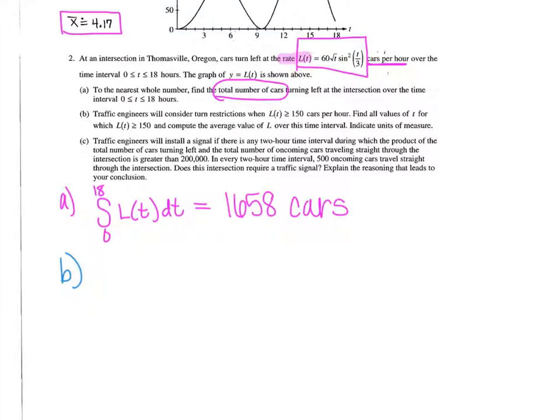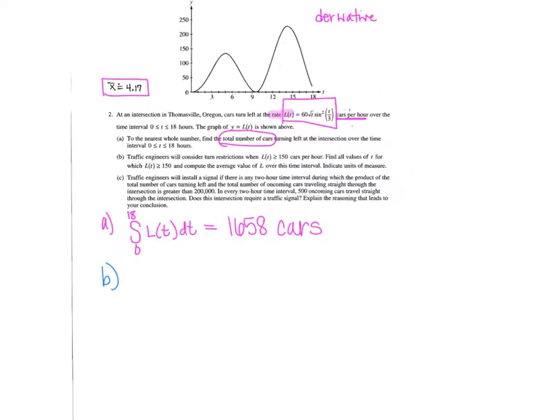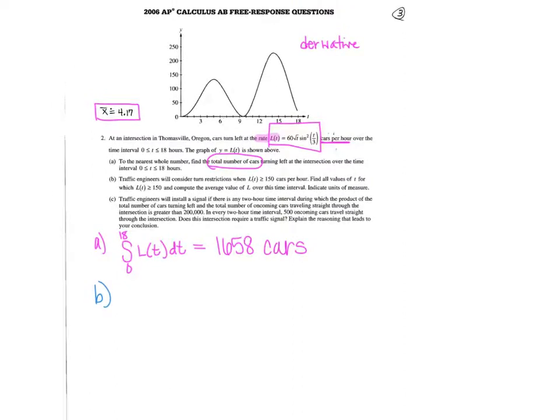Indicate units of measure. Okay, so we want to look at when L of t is greater than or equal to 150. On my paper, I drew this line. That's where L of t would be greater than 150. That's the line 150. Do you agree that this intersects twice?